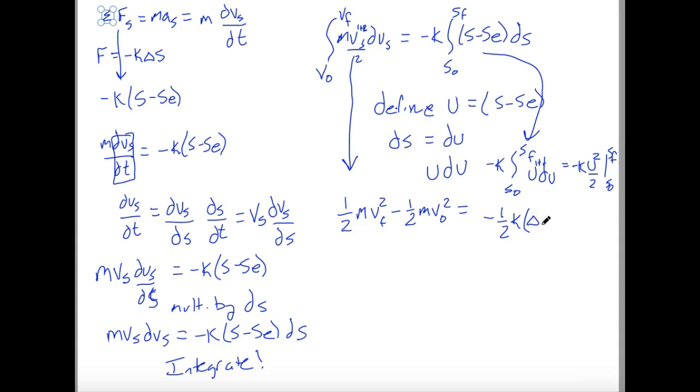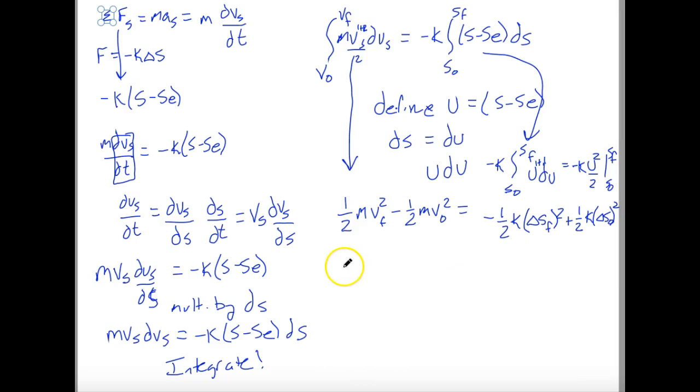This is the change in the final spring squared, plus, and then this is going to be 1/2 of k times the original spring change squared. Okay. Now we're not done. We need to go through and just make sure we get everything in the right position. So we've gone through, we've done this.